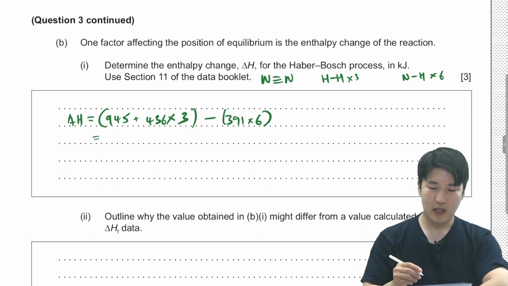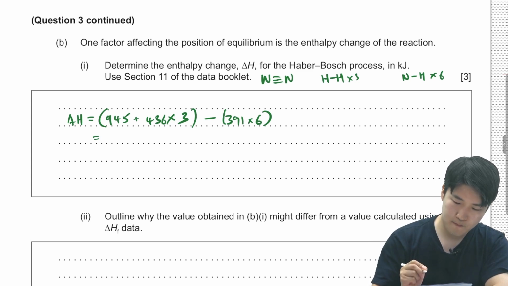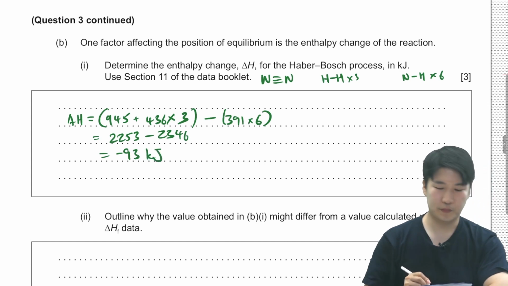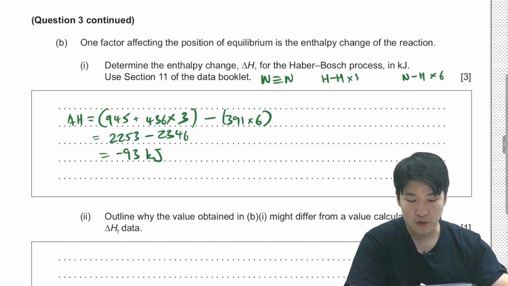Do the math and we'll be releasing overall minus 93 kilojoules. So we know this is an exothermic reaction.